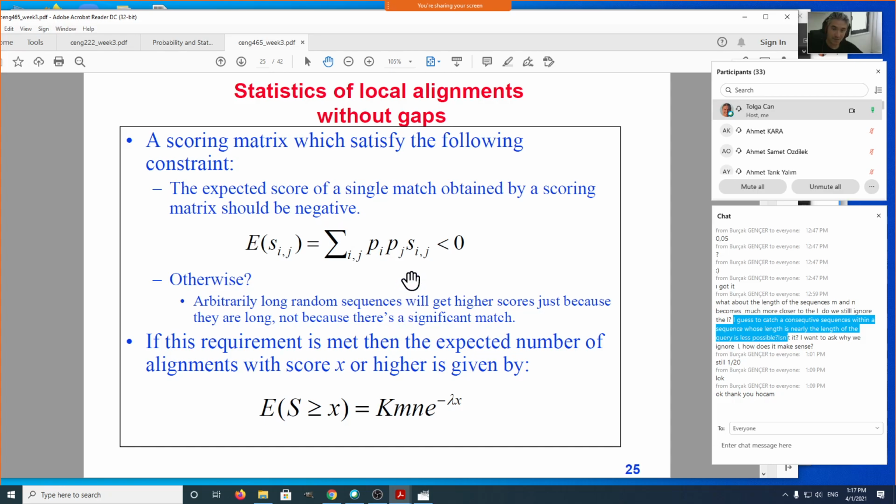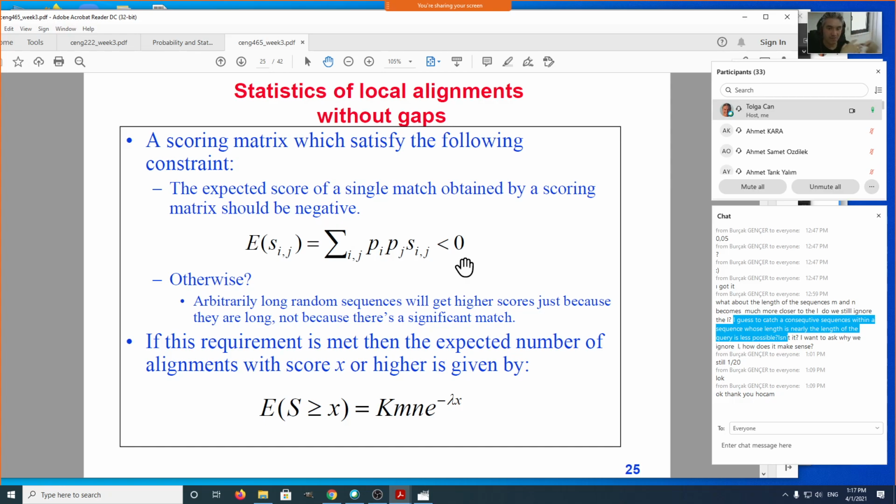What we want is to get scores that are positive because there are some significant matches. If this is not satisfied, our analysis just boils down to nothing, because just imagine a region of sequences which are all mismatches. This is not the same as trying to find some diagonals in that alignment.